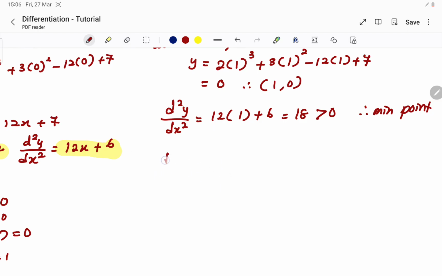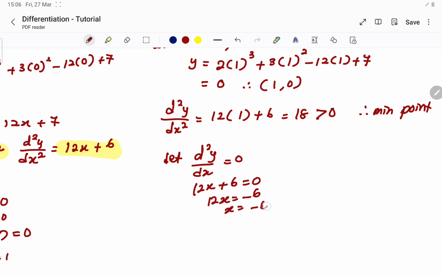To find the inflection point, you have to let d squared y over dx squared equal to 0. So you have 12x plus 6 equal to 0. Then you have to find x here. You're going to get x equal to negative 6 over 12, which is negative 1 over 2.